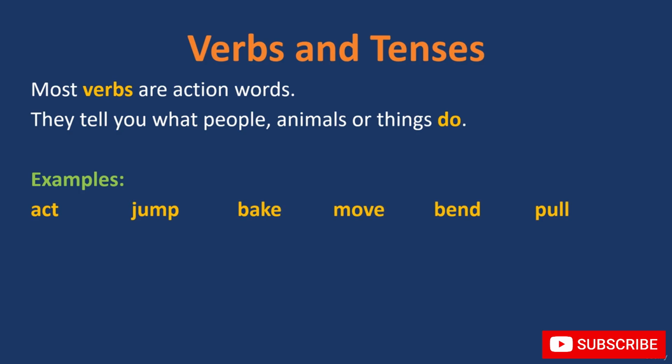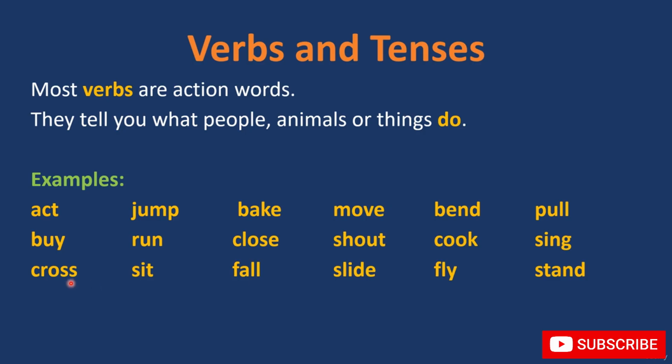Here we have examples of verbs like act, jump, pick, move, bend, pull, and also buy, run, close, shout, cook, sing, cross, sit, fall, slide, fly, stand, go, start, grow, swim, hop, walk.